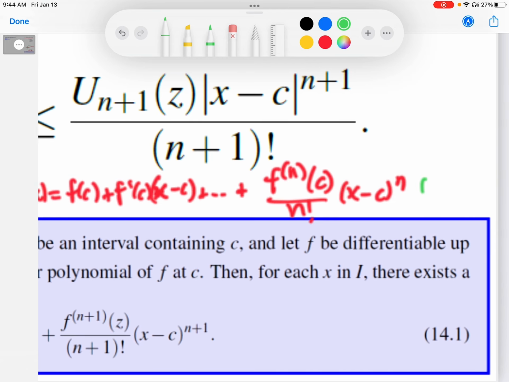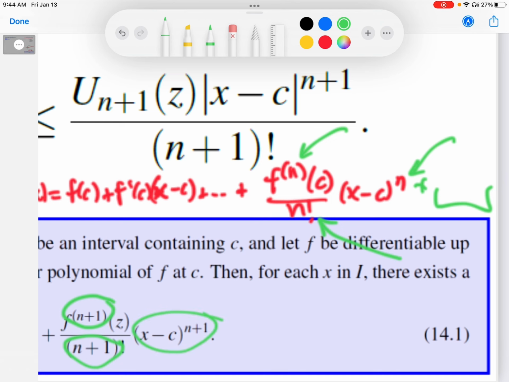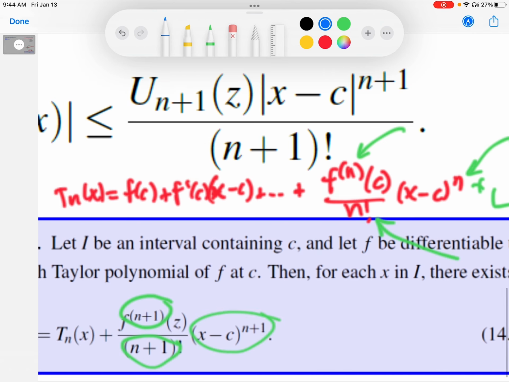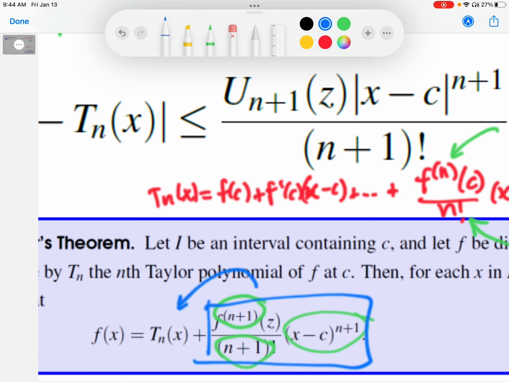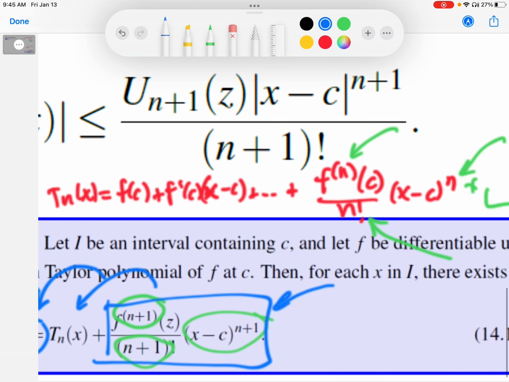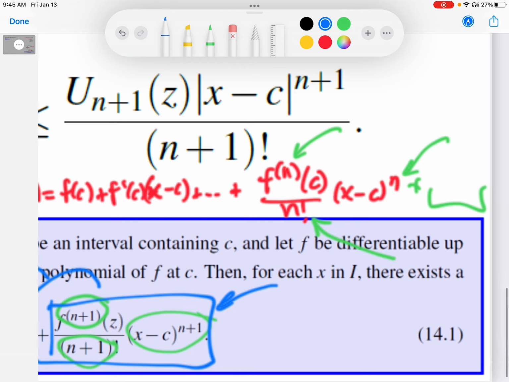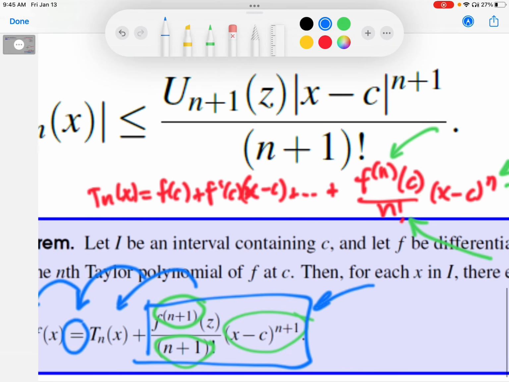If we were to write out the next term here, this would have an n plus 1, this would have an n plus 1, this would have an n plus 1. Hey, that's this, this, and this, right? So this term that gets added to the Taylor polynomial and therefore gives you the function is almost the next term, which would have been over here in the nth Taylor polynomial. It's almost the next term.